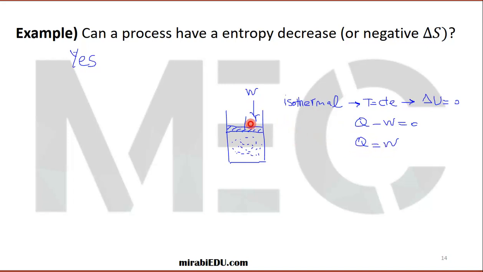So if it is surrounded by a temperature reservoir, temperature remains constant, and if we apply some work, the whole work will be given out as Q. So delta S can be calculated as Q over T. Because temperature T is constant and positive, and Q is negative, delta S is negative for this process.